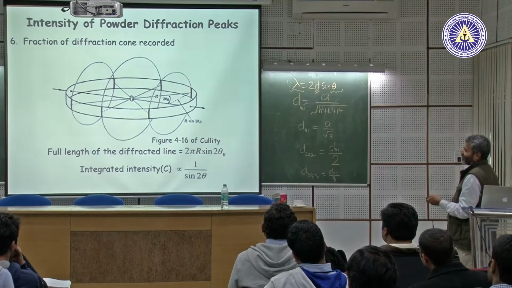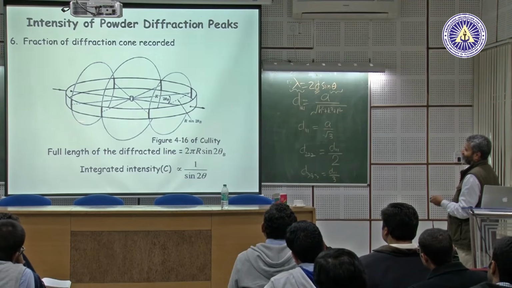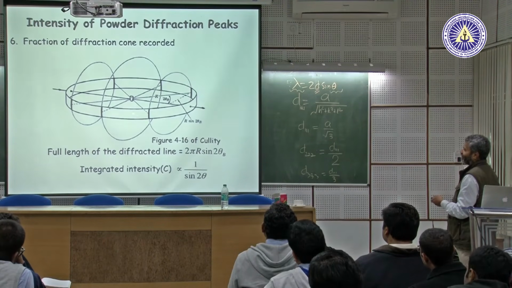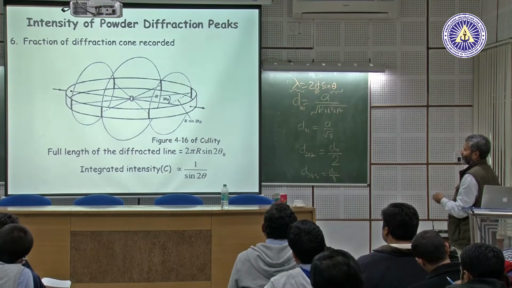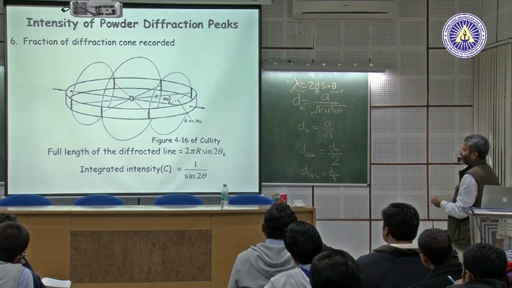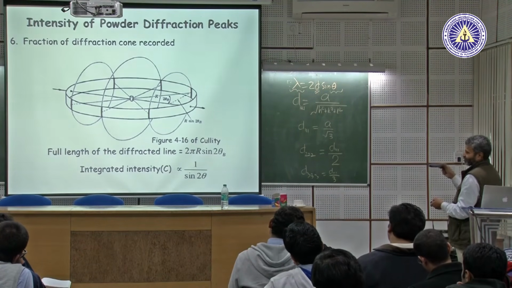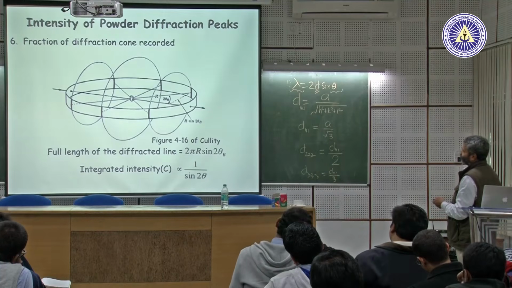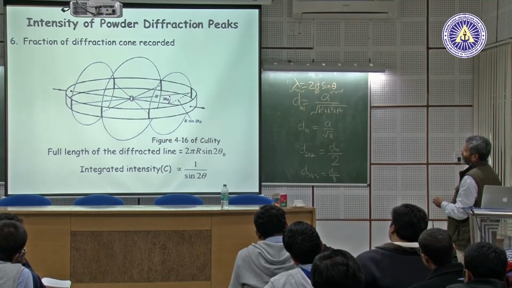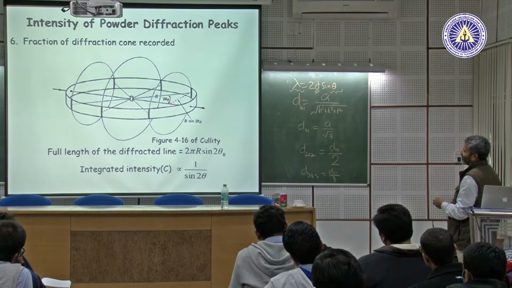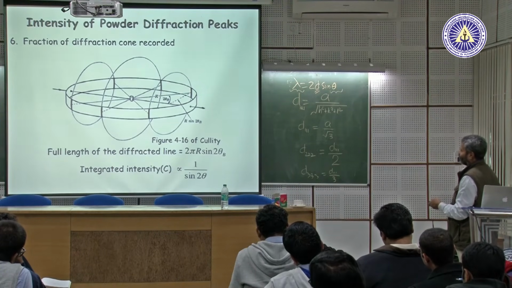Each diffracted beam, here we were showing a diffracted beam, but actually in powder diffraction you have a diffracted cone, because grains can make this angle 2 theta anywhere about this axis. So, wherever this 2 theta is satisfied, you will get a diffracted beam, but 2 theta you can rotate about the transmitted beam. So, you will get a cone of 2 theta.